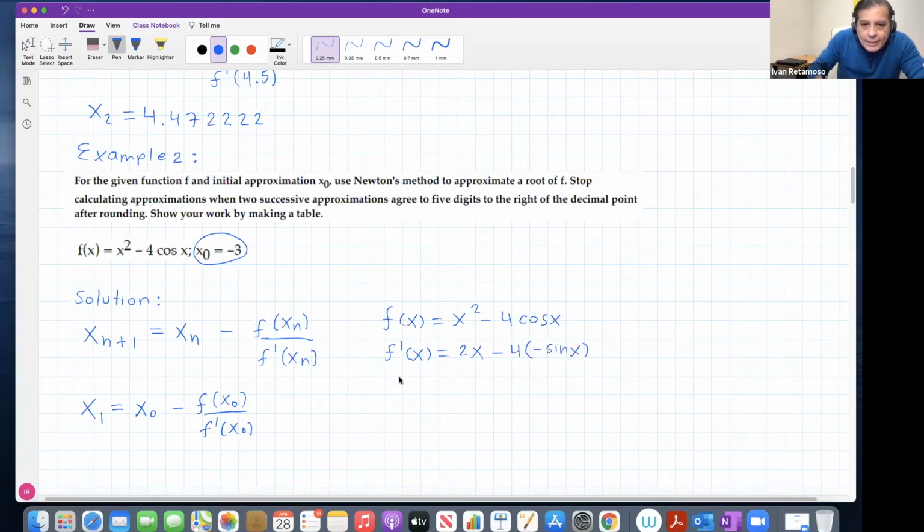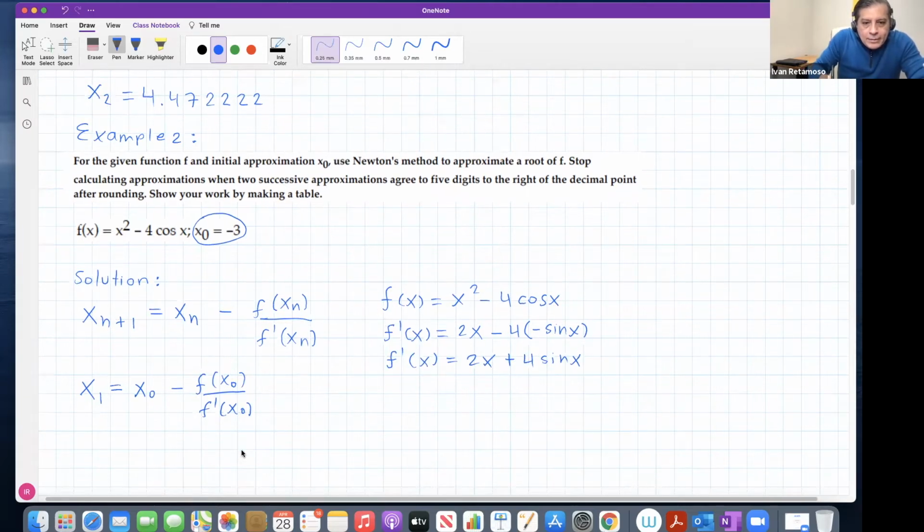Simplifying this derivative, you can see that minus and minus is plus, so we get 4 sine of x. Very good. So this is the derivative in simplified form, and this is the function. Now I have to use the function and the derivative repeatedly.